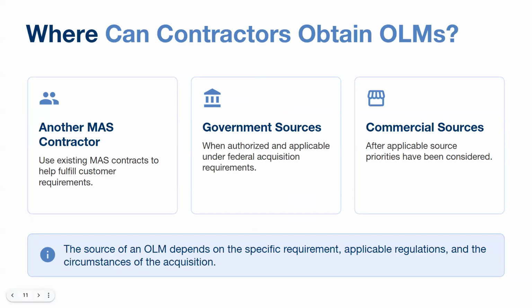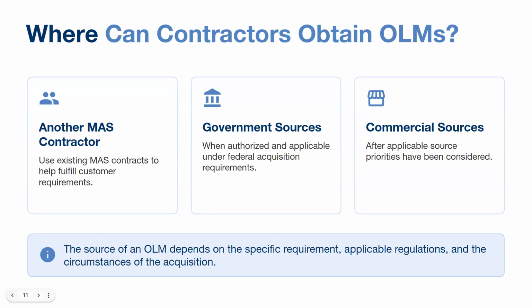All right, so now that we've established what an order level material is and the requirements for using one, the next logical question is where those supporting products and services actually come from. There are several potential sources available depending on the nature of the requirement and the applicable acquisition rules. One option, and we'll spend a little time discussing this one, is obtaining those supporting products and services from another MAS contractor.